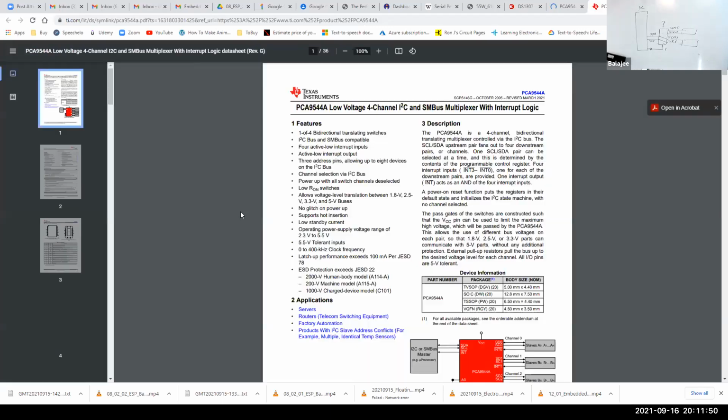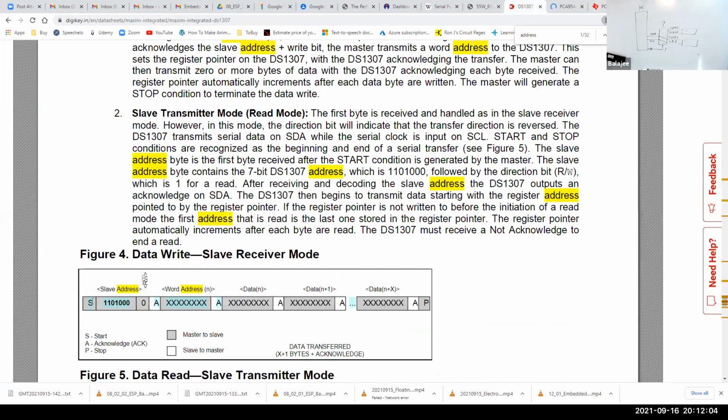How does it differentiate between the addresses? No, addresses are given by the data sheet. When you go into this, the chip address is given by the company.